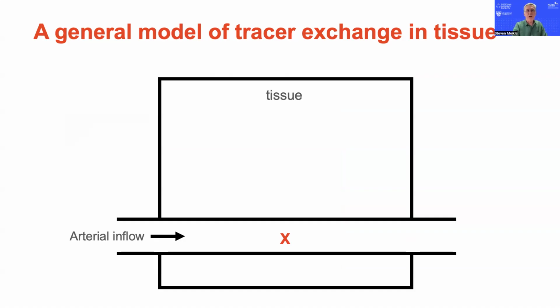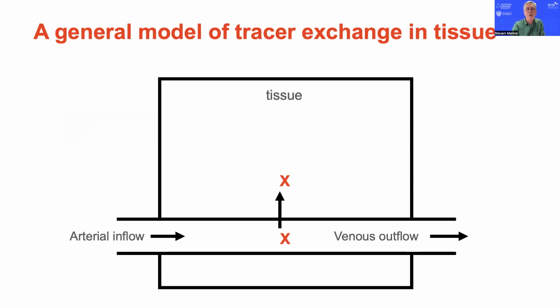It's going to arrive via the arterial inflow side of the circulatory system, and it's going to exit via the venous outflow. And almost any small or large molecule that's labelled has a likelihood of being transported into the tissue space as it passes by.